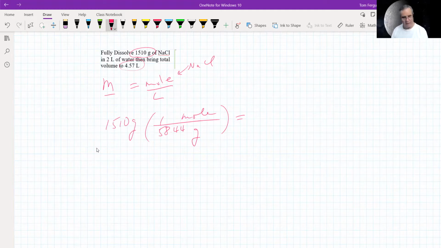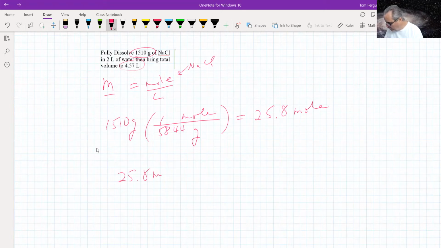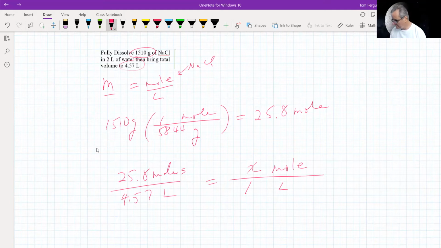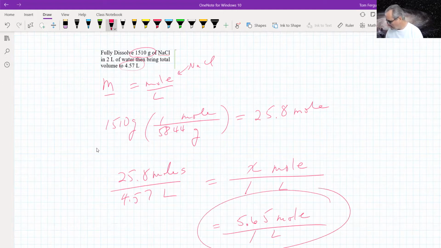And my calculator shows, okay, so that's 0.171 moles in 4.57 liters. What is it moles in 1 liter? Okay, we're simply going to divide by 4.57.